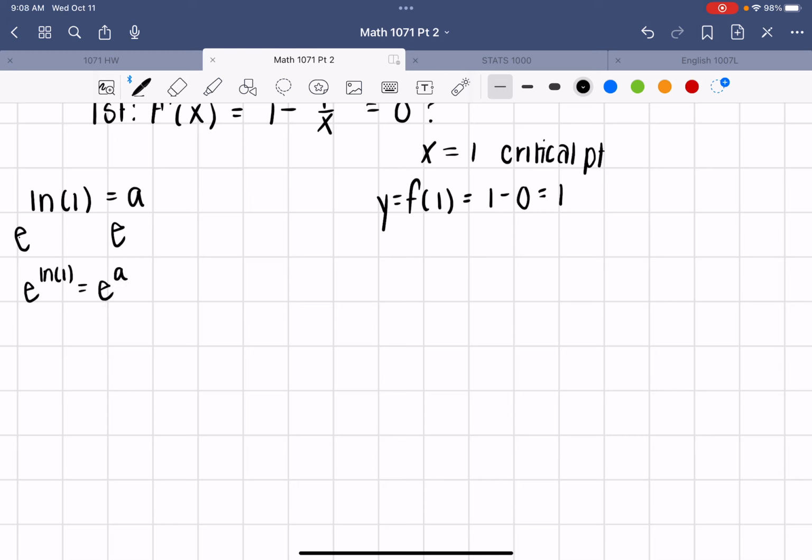And so what's the power of e that gives you 1? The only way a power of e or any power would give you 1 is e to the 0. So that's why the log of 1 is 0. That's sort of an important number fact you should remember. Crops up a lot. Nota bene. The log of 1 is 0.